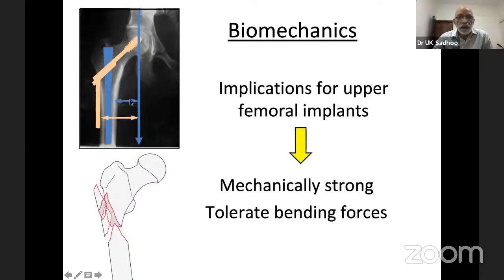As you can see, the nails have much less bending moment because this lever arm is much less than this one, so the forces across the blade or the plate or the screw are a lot more in the case of the implant on the surface compared to the intramedullary implants.